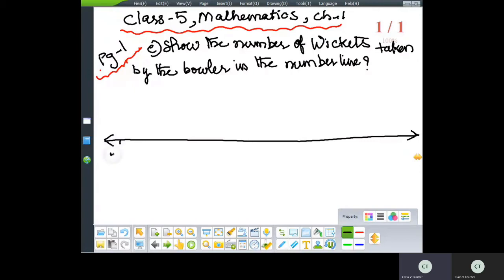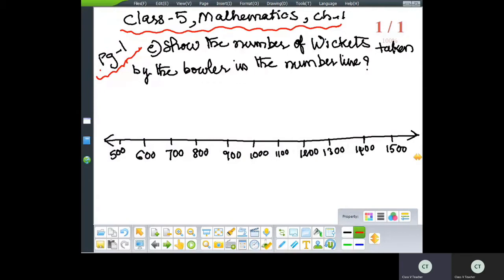So I'm starting from 500, 500, 600, 700, 800, 900, 1000, 1100, 1200, 1300, 1400, 1500. Yes, because what is the biggest number? 1347. So it is inside 1500. Okay, so let me stop over here. Now let me start marking.